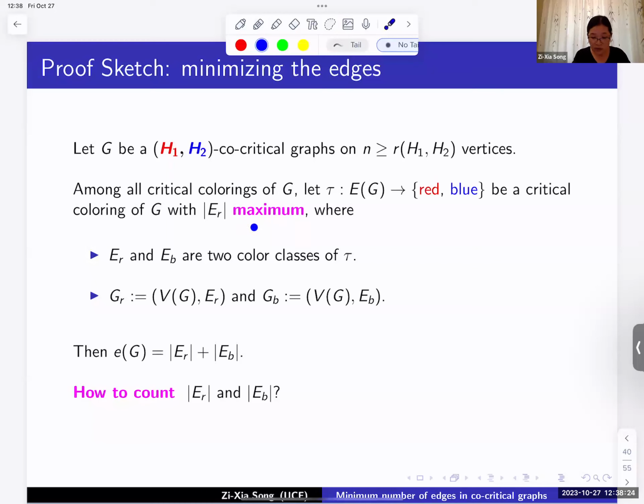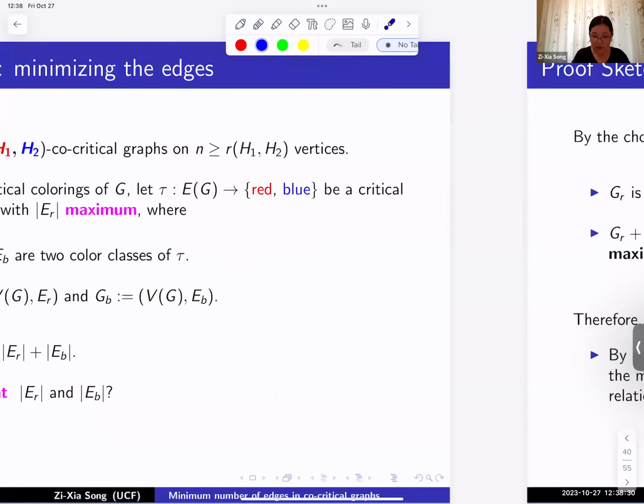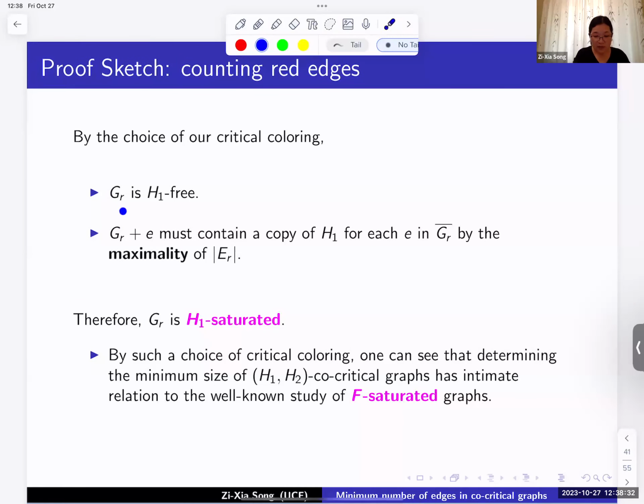Now, why do I choose my red edges to be maximum? If I pick it to be maximum, then my red graph G_R has to be H1-free, because it doesn't have a red H1. If you pick any edge not in my red graph, this edge could be colored blue. If it's colored blue, I cannot color it red, because I chose my red edges to be maximum.